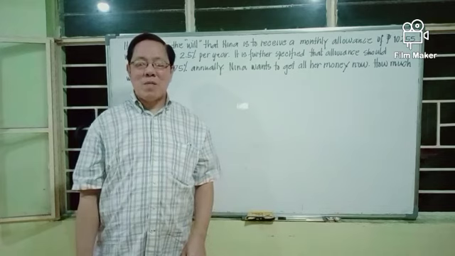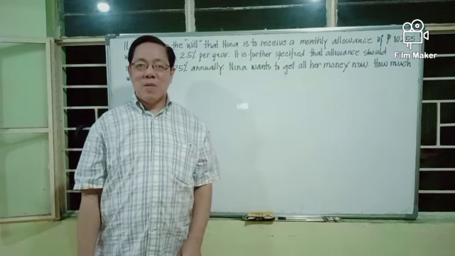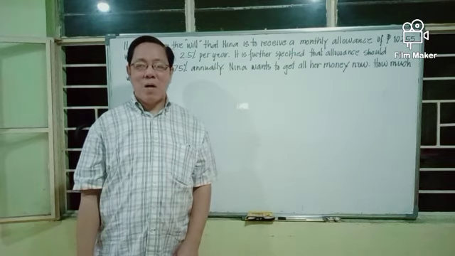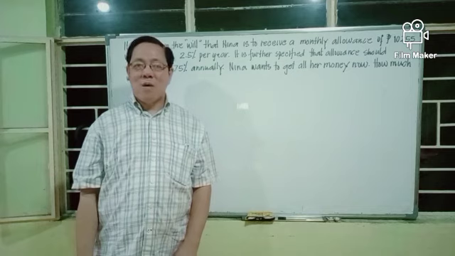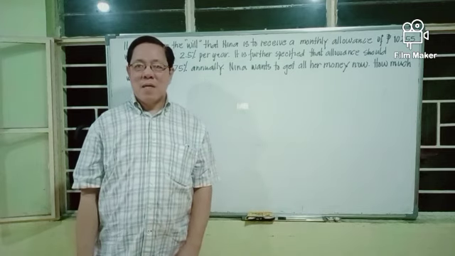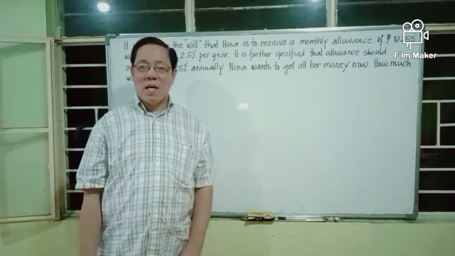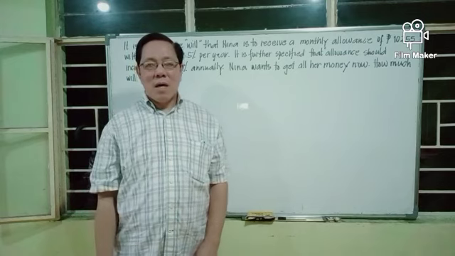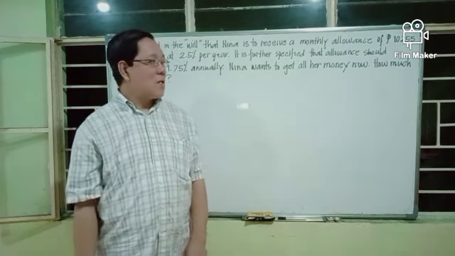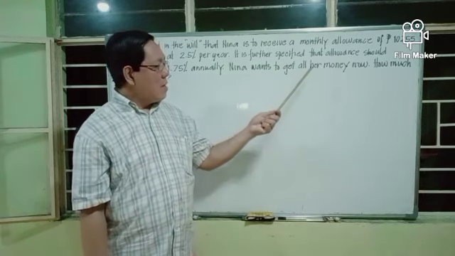In this problem, someone has left Nina a certain amount of money and deposited the amount in a bank that pays an annual interest rate of 2.5%. And it is stated in the will that Nina will get from this fund, or money deposited in a bank, an annual allowance of 10,255 pesos.